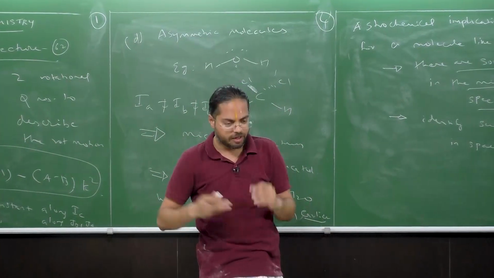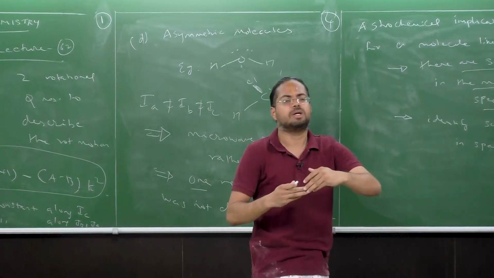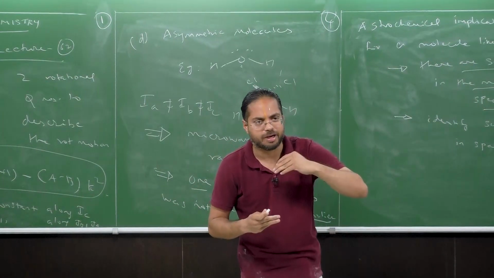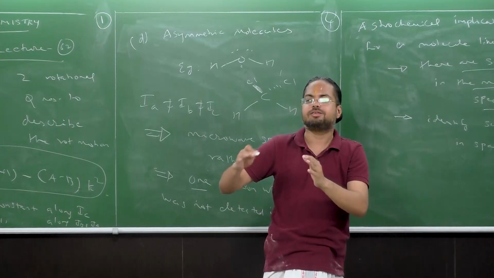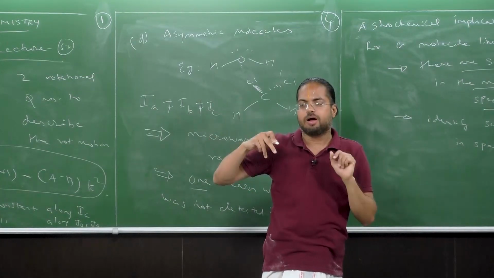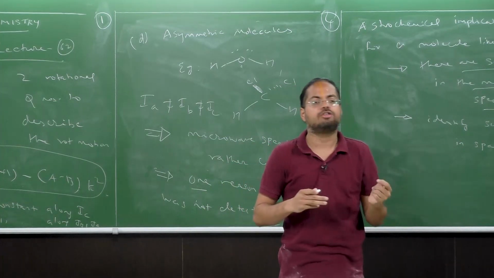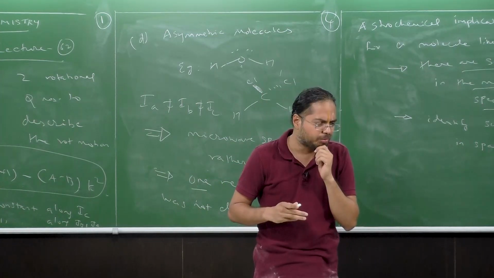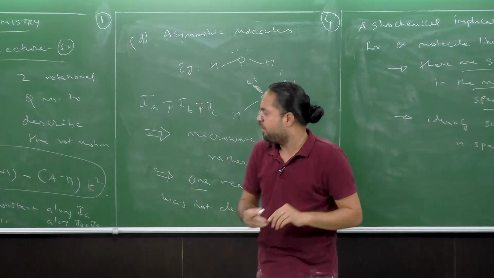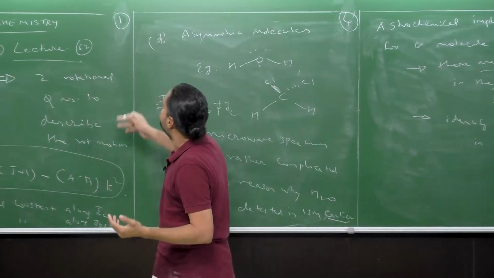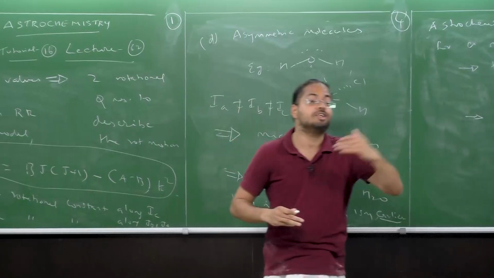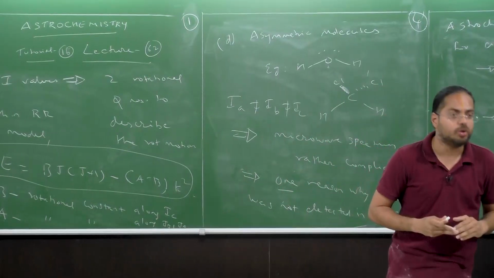I'm slightly jumping ahead of myself, since I should be telling this in the next module in a more focused way, but I'm telling you as a matter of fact that it's only in the recent, approximately 10-15 years that we are beginning to move slowly beyond just microwave spectroscopy to detect molecules in space.